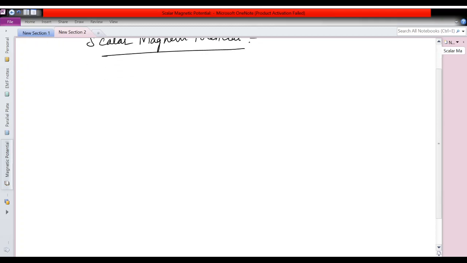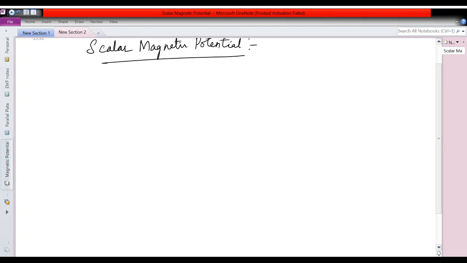It states that the line integral of the magnetic field intensity over a closed path. We call this closed path a contour. Always remember that. Contour refers to a closed path. H dot dl is equal to I.